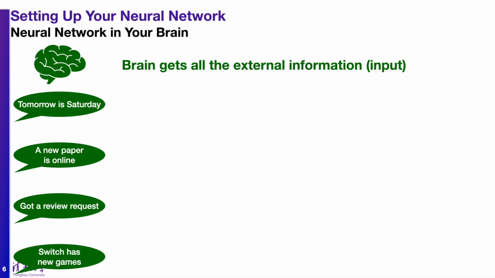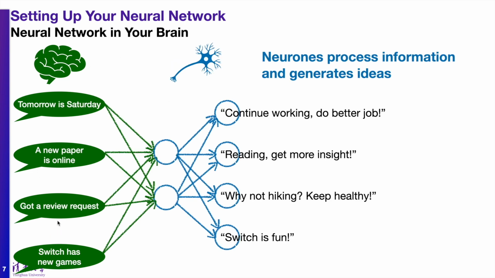To better understand how the neural network works, let's first have a look at an example. When we are making decisions in our daily life, we are actually following similar algorithms to a neural network. Our brain gets all the external information from the environment as the input, and then all the input will in some way be transported to the neurons for processing and generating different possibilities.